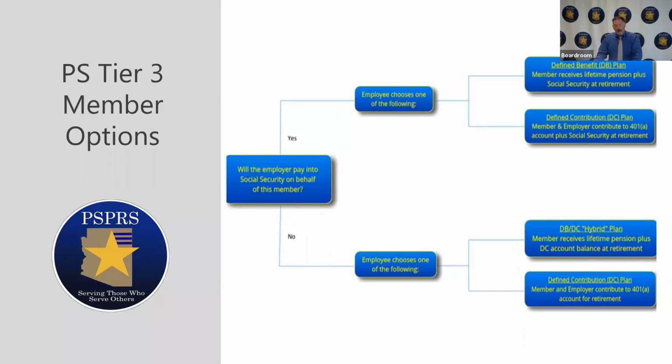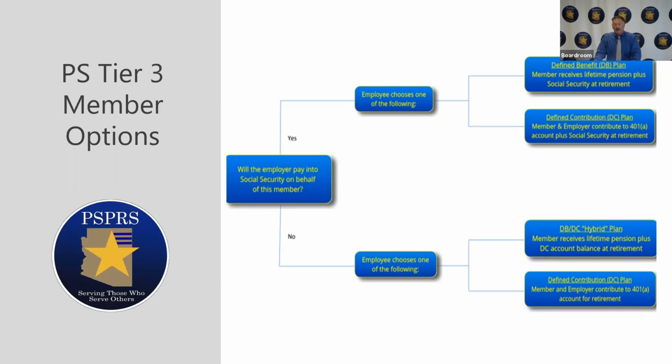Tier 3 members have a couple options depending on whether or not you are a Social Security covered employer. On the little flow chart we have here, the question is, will the employer pay into Social Security on behalf of the member? If the answer is yes, the member has two choices.